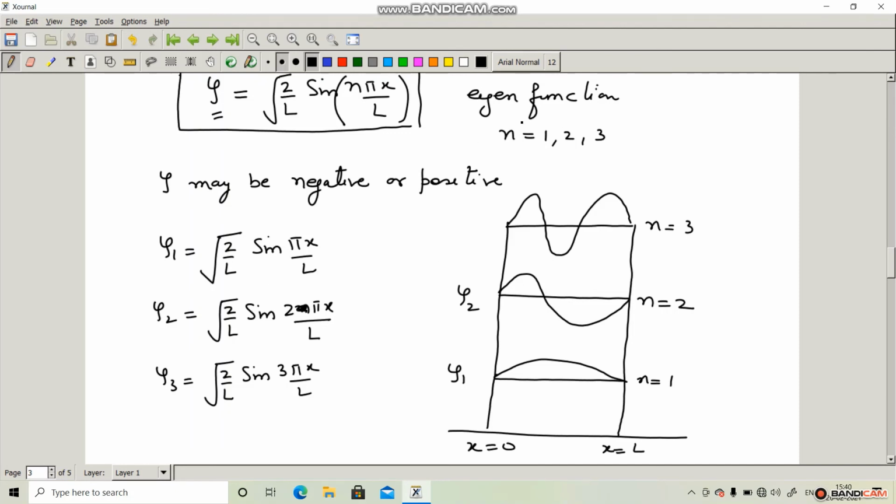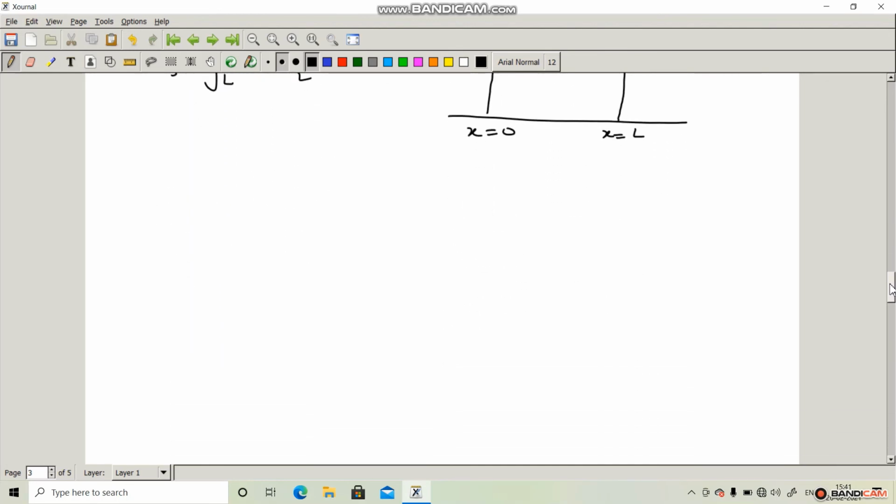So we have seen that wave function may be positive and may be negative, but if we discuss psi square, meaning psi into psi star, or we can say product of 2 psi, that is always positive. Due to square, it cannot be negative.